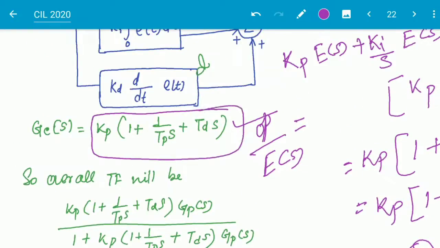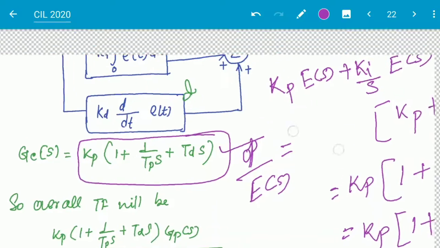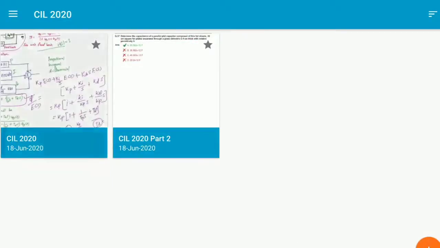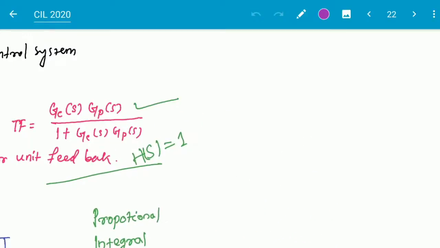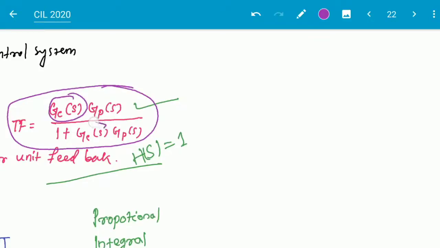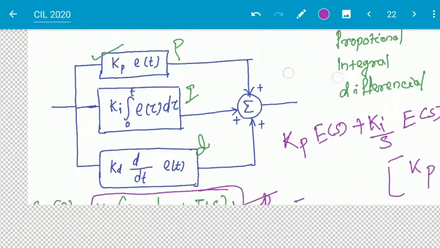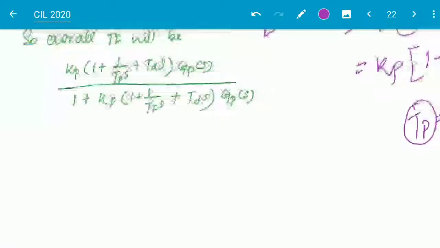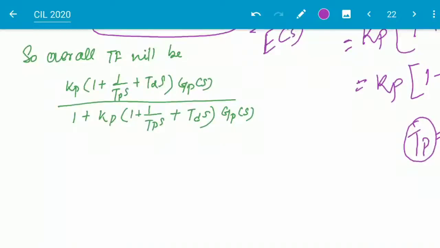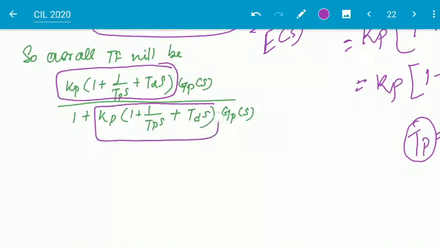Here is the GCS, and for the overall transfer function we have to put the GCS value into this transfer function. Then the whole term will be Kp into 1 plus 1 by TpS plus TdS, whole into GPS, over 1 plus GCS into GPS.